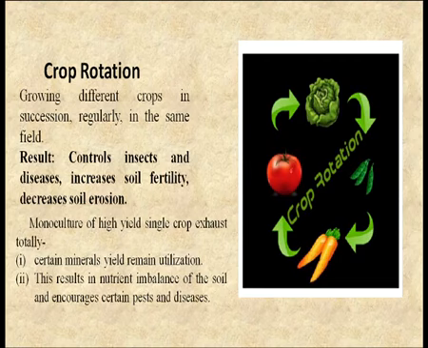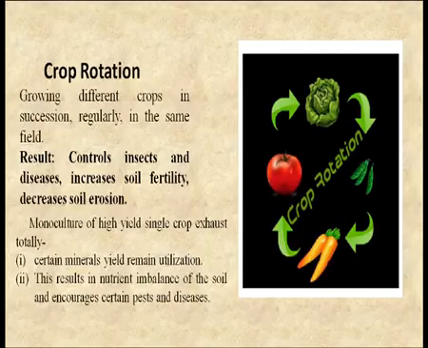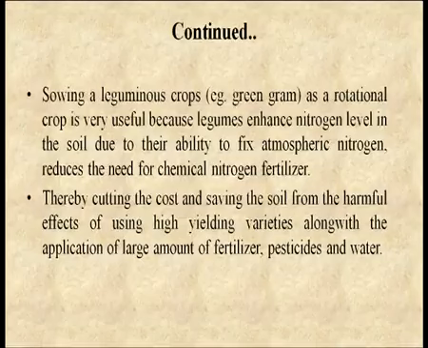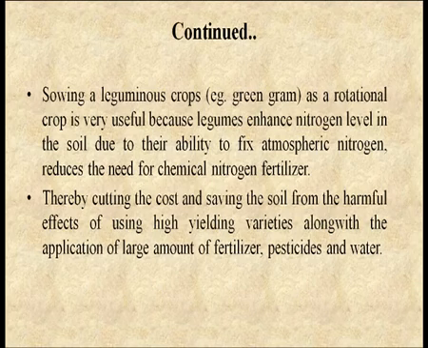Monoculture of a high yield single crop exhausts the soil totally. Certain minerals are utilized repeatedly, which results in nutrient imbalance of the soil and encourages certain pests and diseases. Sowing a leguminous crop as a rotational crop is very useful because legumes enhance the nitrogen level in the soil due to their ability to fix atmospheric nitrogen.